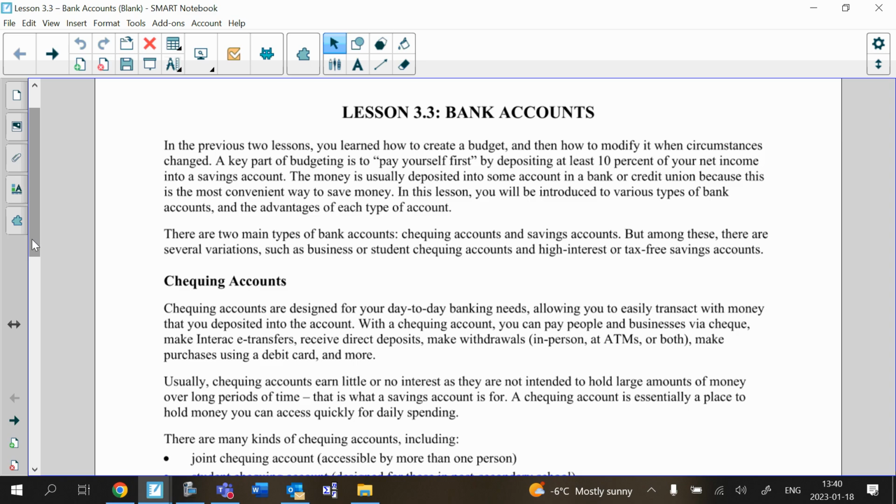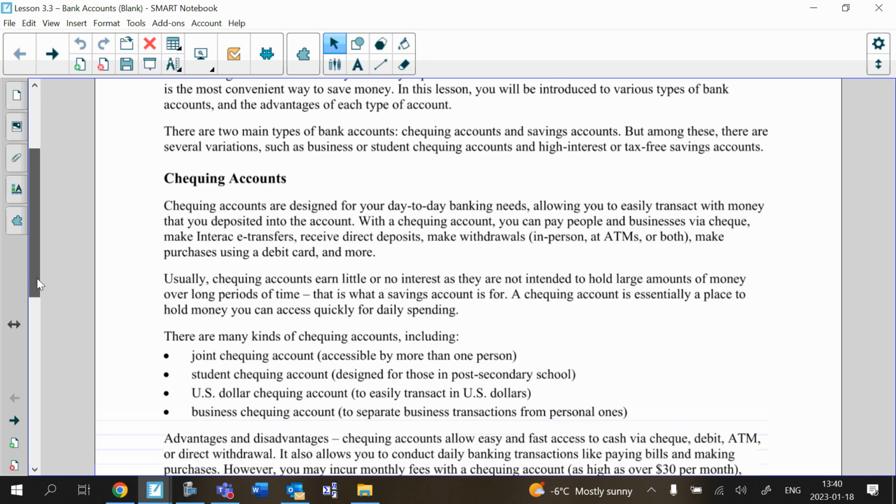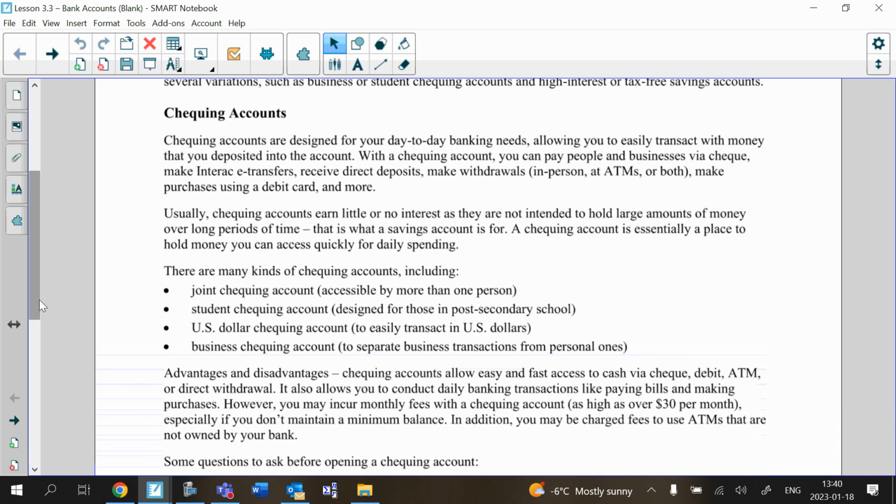A checking account is usually an account that you get little interest for, if any. So I have a checking account at TD and I get no interest on it. So what do I use it for? I only use it when I want to spend money.